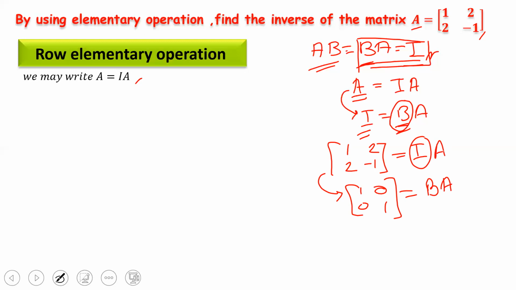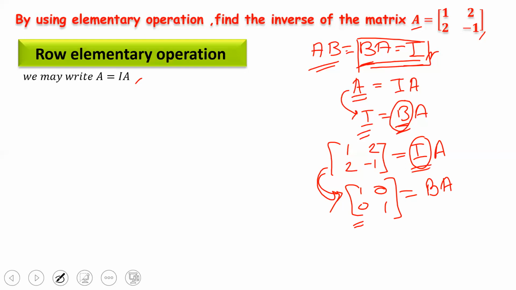So this is the process of finding the inverse. That is, we have to change this matrix A into identity, and for changing it to identity, whatever row operation you are using, you have to use the same operation here.